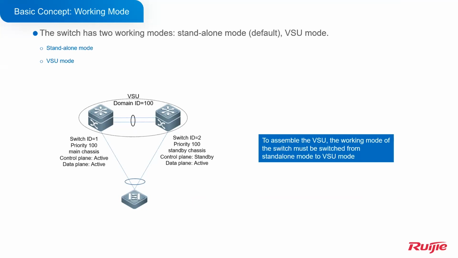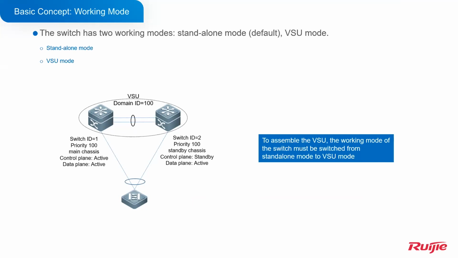Then between these two switches, we will do some negotiation to select who should be the master. Because if you deploy the VSU, we have to select one master, and this master has to calculate the topology, calculate some protocols, and finally get a forwarding table, then all the devices can forward the message according to the forwarding table.